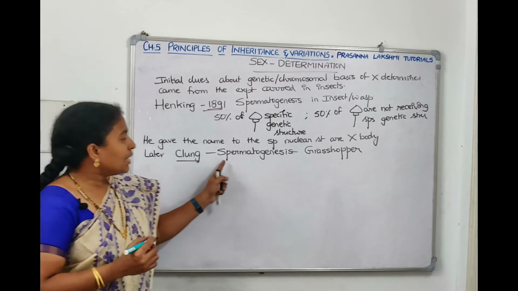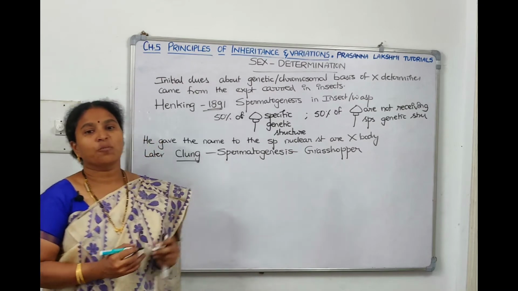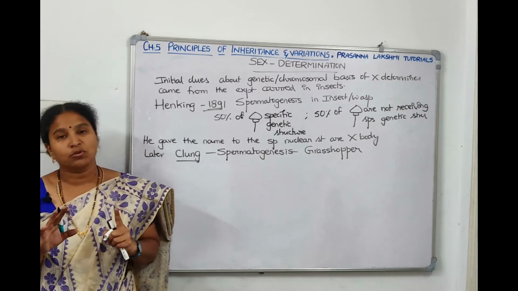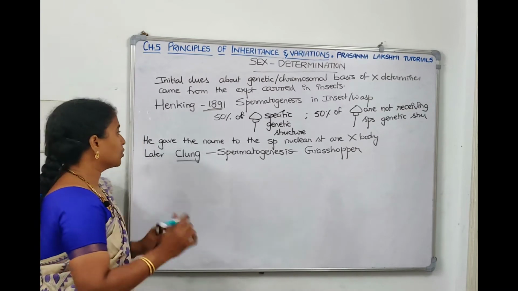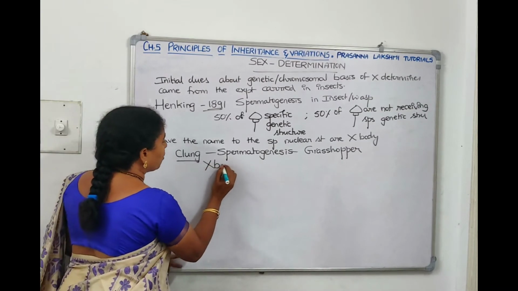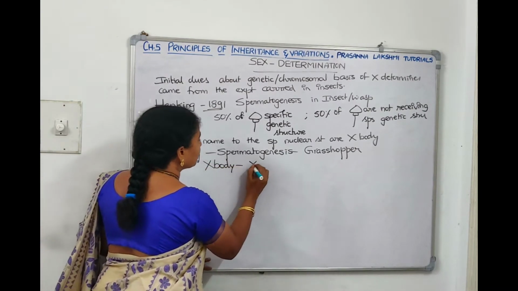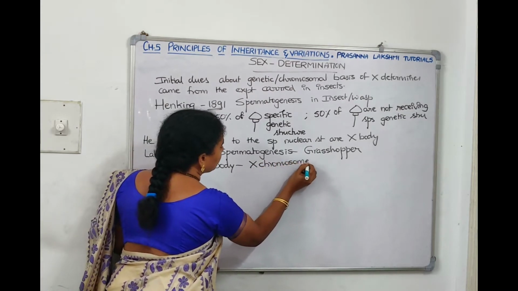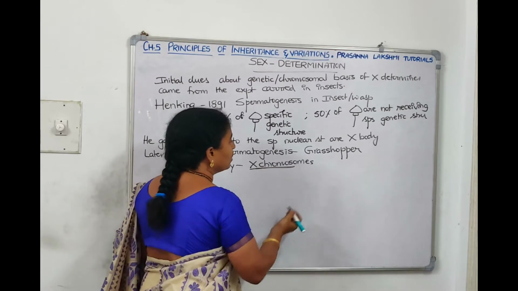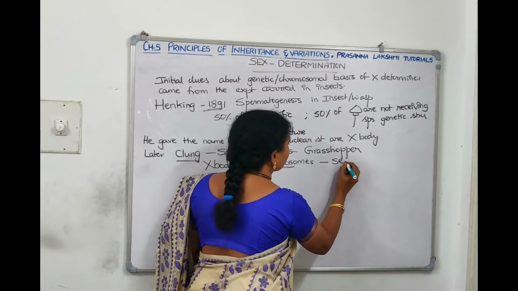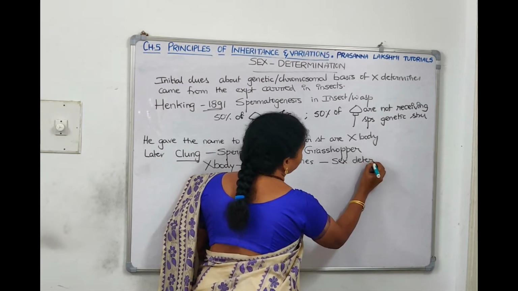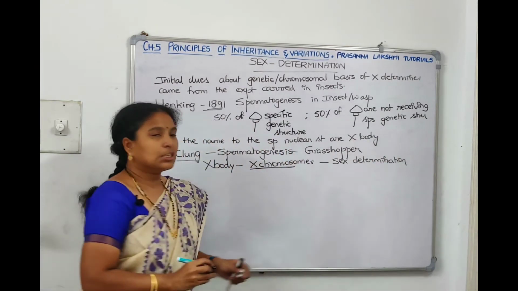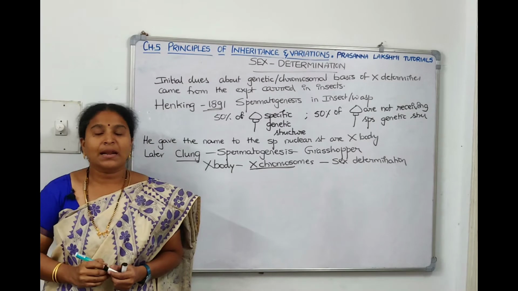He told that the X body of Henking is nothing but the X chromosome. So he is the person who coined the term X chromosome, and he told that the X chromosome is responsible for sex determination in grasshopper.